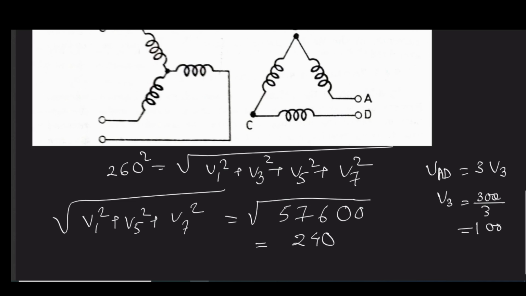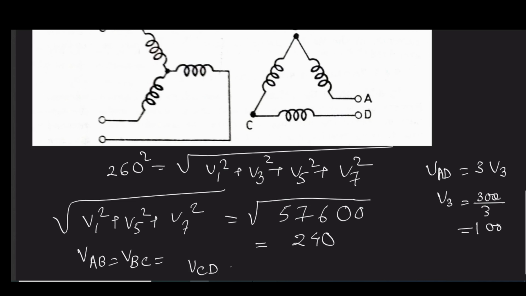Please check by yourself. Now what is the voltage across EBC? That will have the same voltage across EAB. So that means VAB is equal to VBC is equal to VCD.